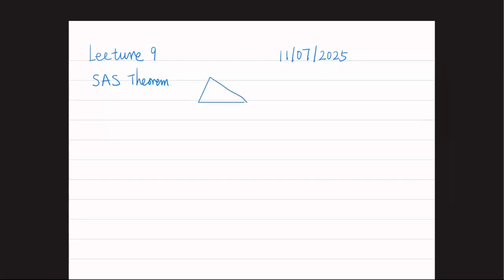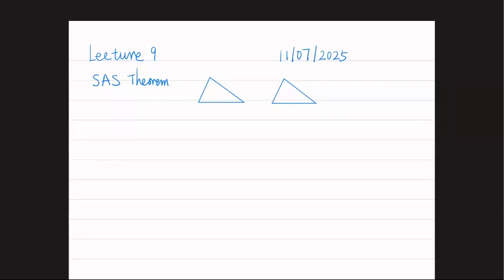Are there requirements about the two sides? Any requirement about the relationship between the two sides? For example, could I pick this side, this side, this side, this side, and this angle? No. You don't have a matching side on the third one.